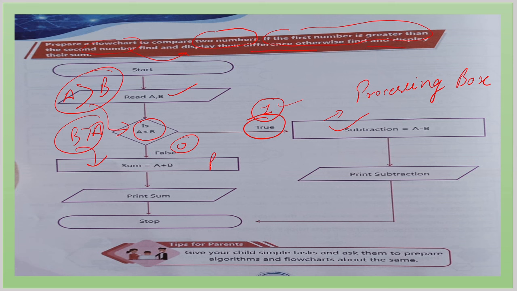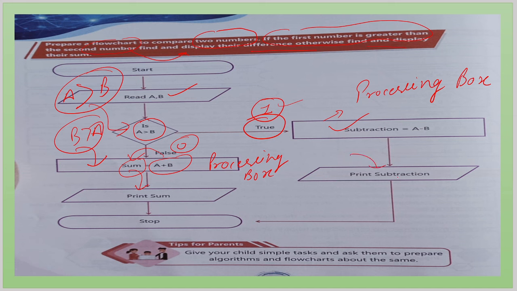Again, this is a processing box, a rectangular shaped box. Here you have to perform the addition operation. The value will be saved in sum and it will display the sum in what? Output box. Clear?